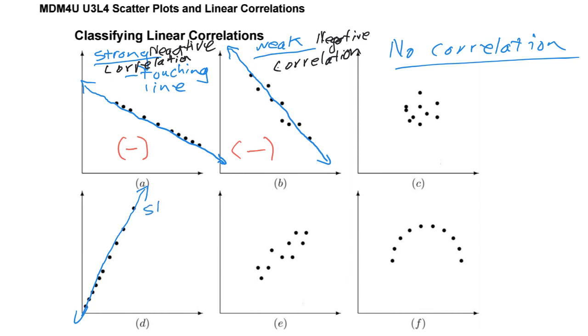So we're going to say this is a strong positive correlation. Now, for this next one, E, we wouldn't say it's a strong positive. This would be a weak positive correlation because we can see there's a trend line. So this is a weak positive correlation.